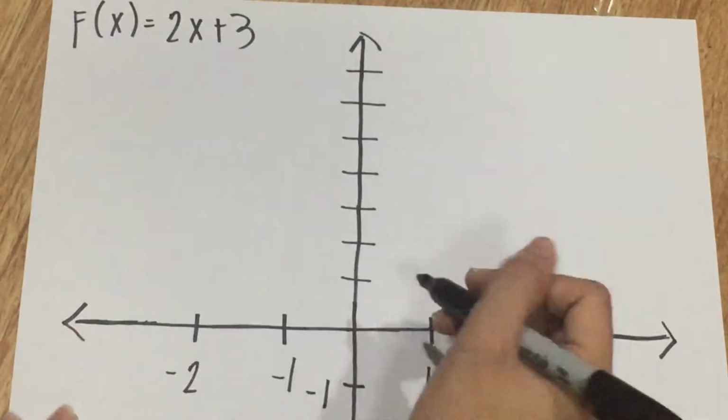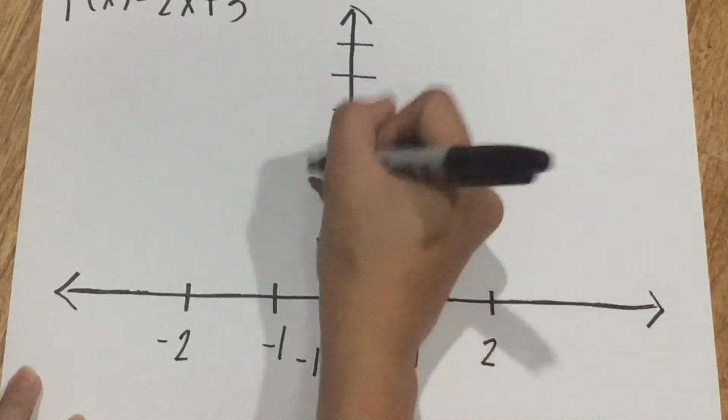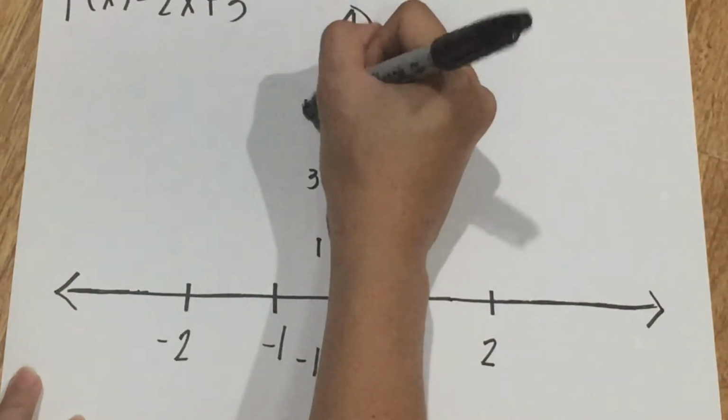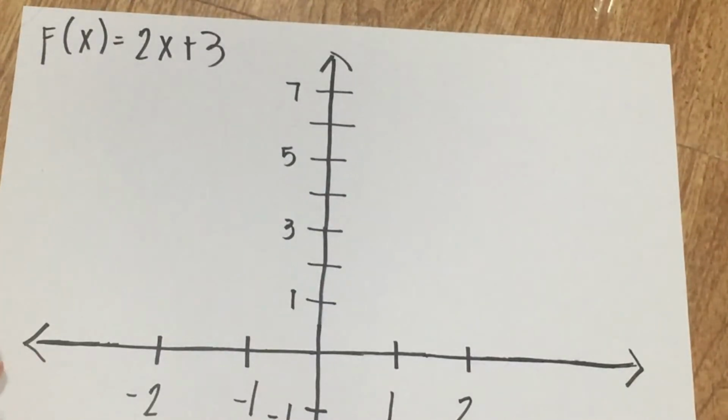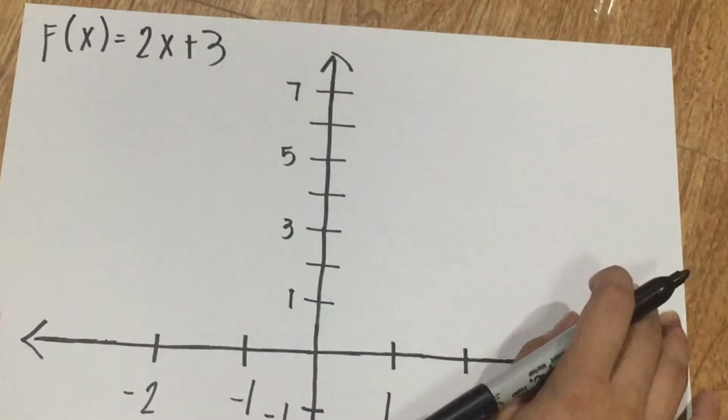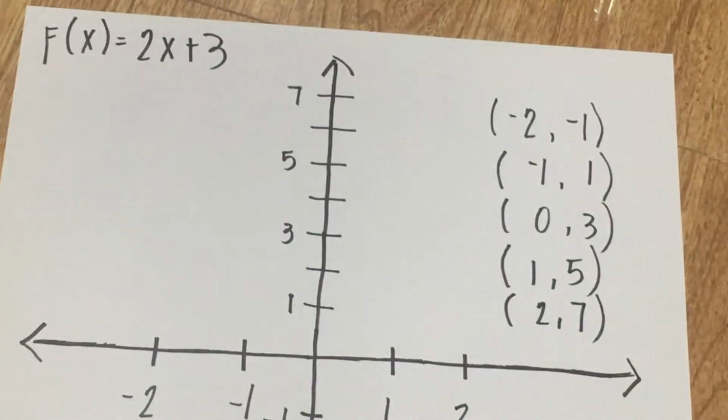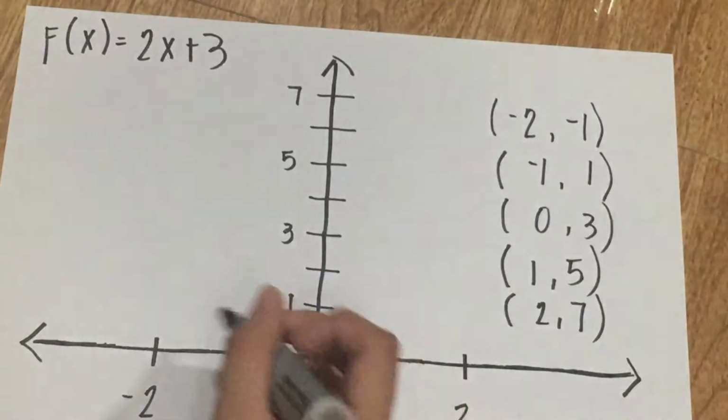And the f of x values: negative 1, 1, 3, 5, 7. So earlier, we calculated the x and f of x. So we'll plot the f of x values.